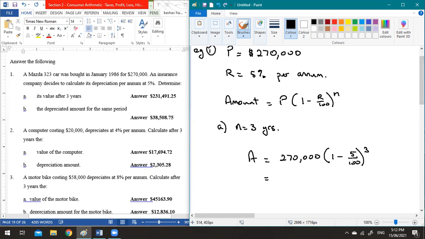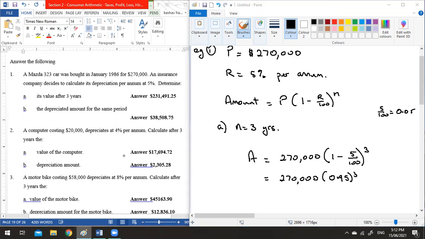Now, if we remember how to change fractions to decimals, you would understand that 5 over 100 is the same as 0.05. And 1 take away that will give us 0.95 to the power 3. So we could use our calculators to work it out. Let me get my calculator to come up. Pause this video.